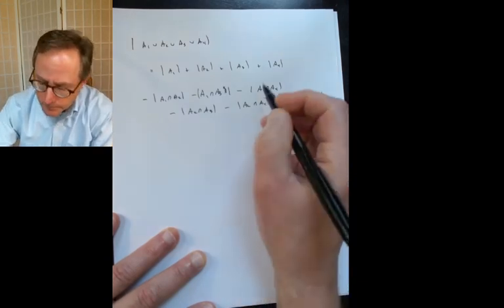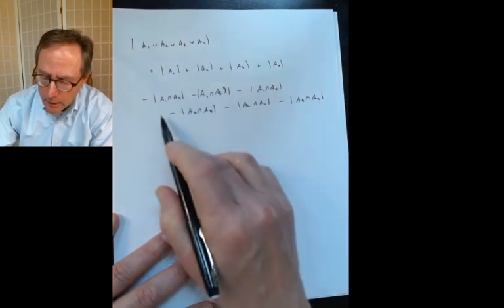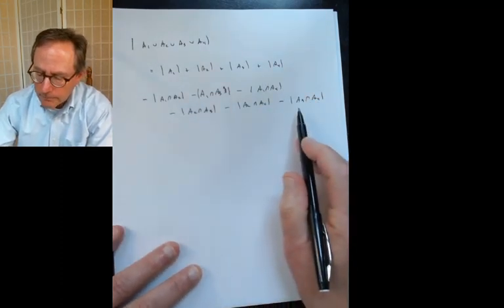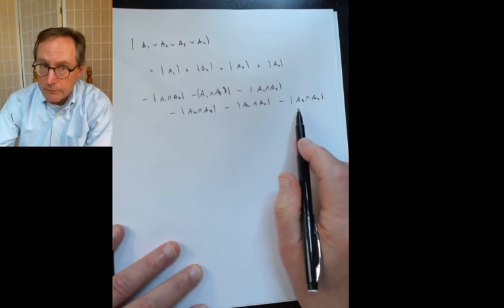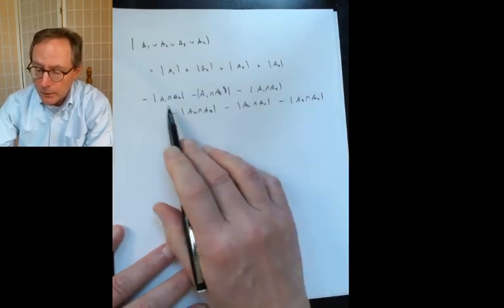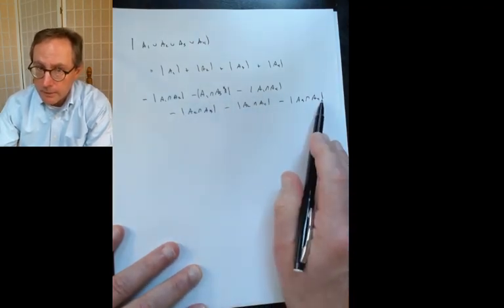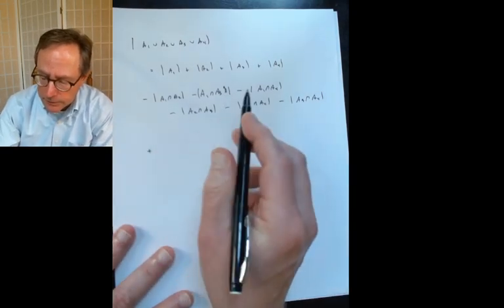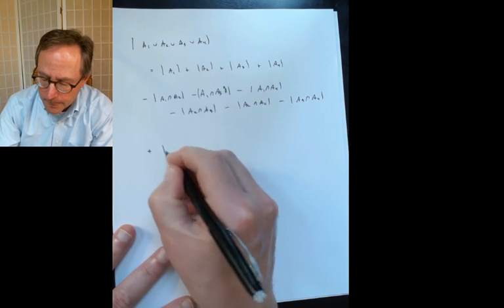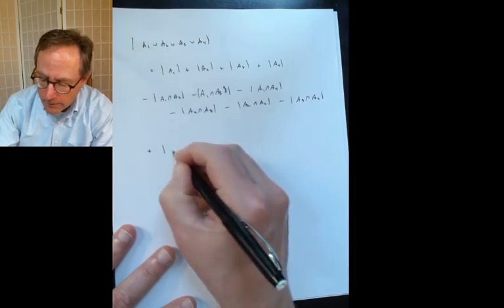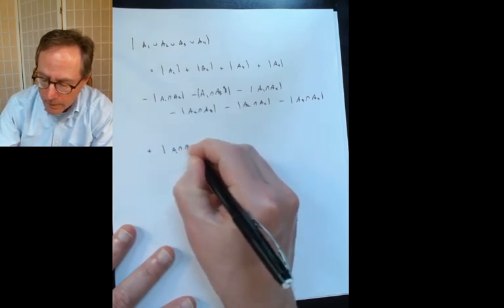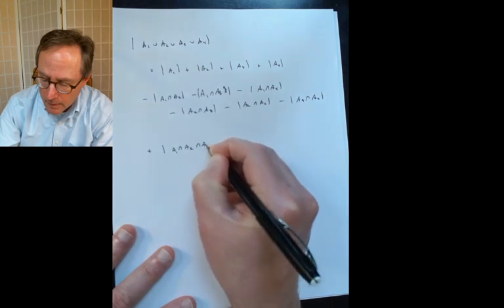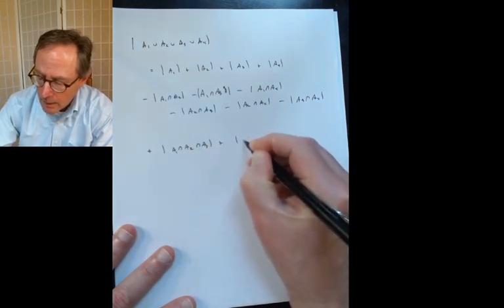Okay. This, of course, is, right, I'm looking at 4 things and choosing 2 of them at a time. Anyway, adding in the triples. So adding in the triples is leaving 1 out. So first I'll leave out A4. Leave out A3.